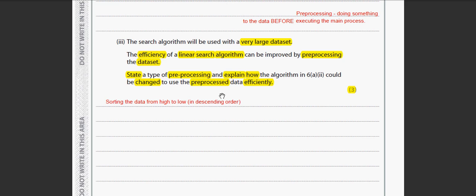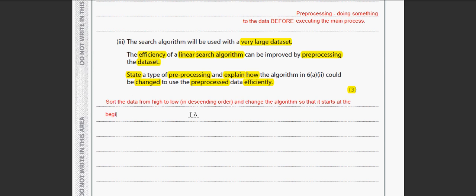sort the data from high to low in descending order, and change the algorithm so that it starts at the beginning. Okay, so it's starting at the beginning, so we're going high to low, we'll have all the ones above 300.